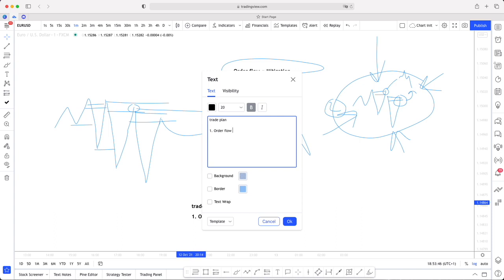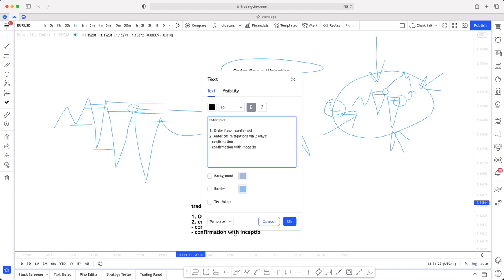Okay, so you got order flow, which needs to be confirmed. 2, what do you need? 2, you can enter off the mitigation via 2 ways. You have confirmation, or you have inception.